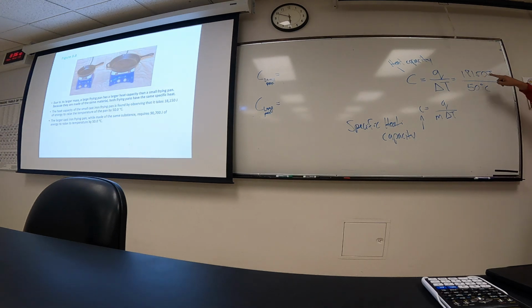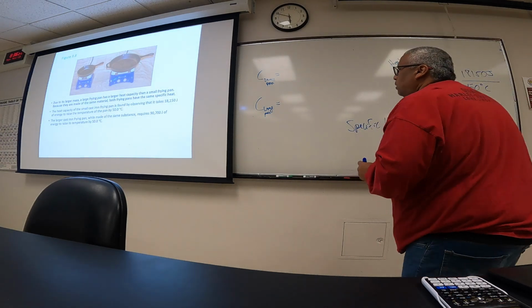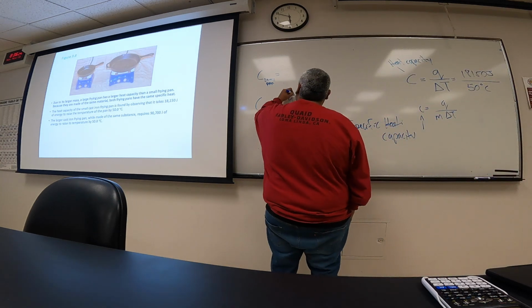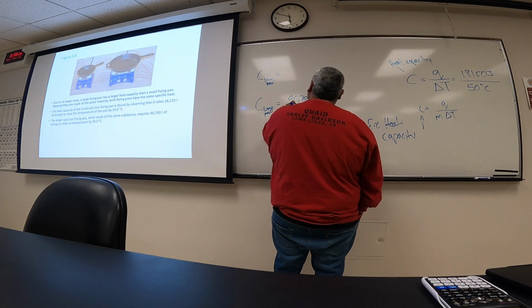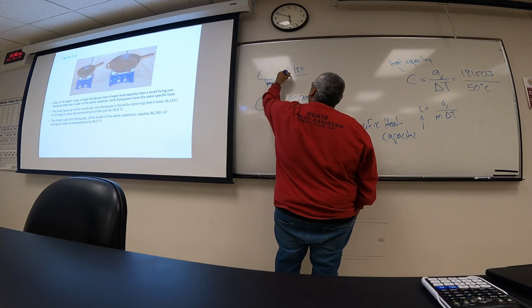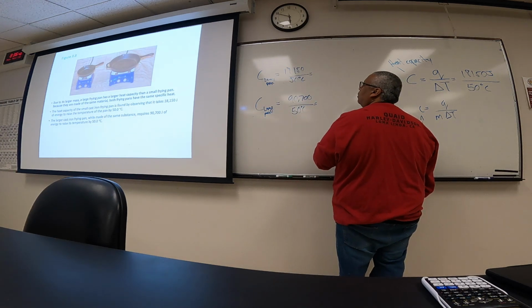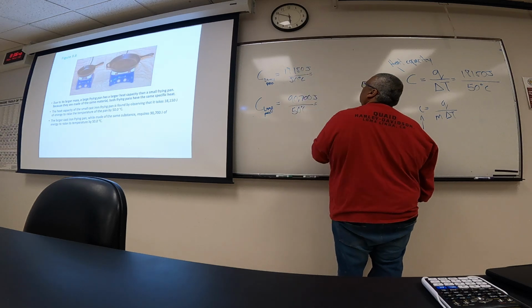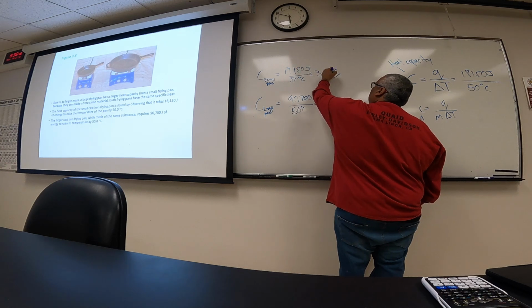Just a quick division problem. So the heat capacity of the large pan, the small pan. What was it? The small one's 363.